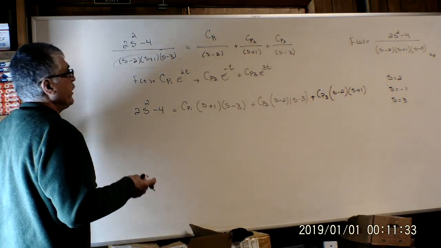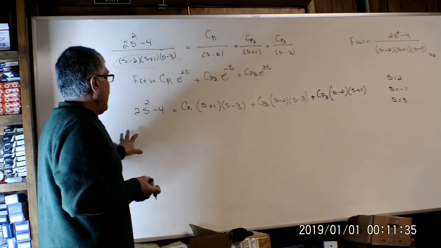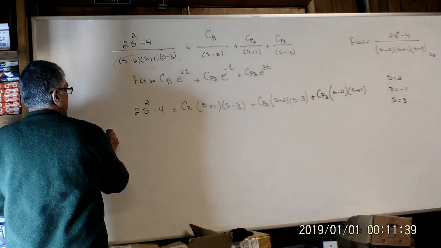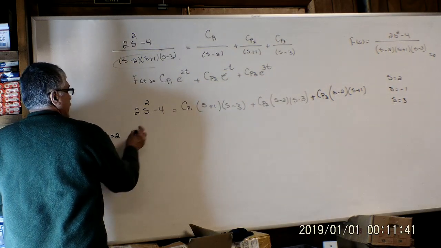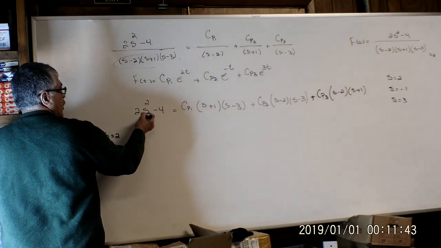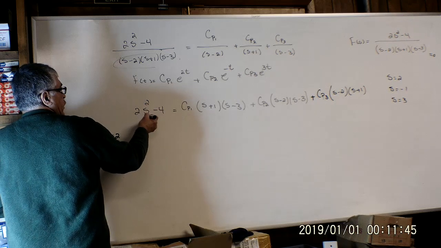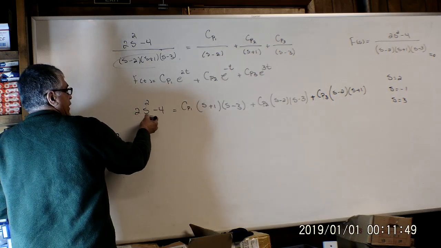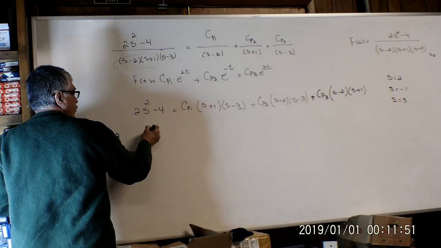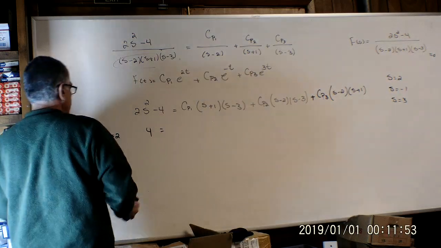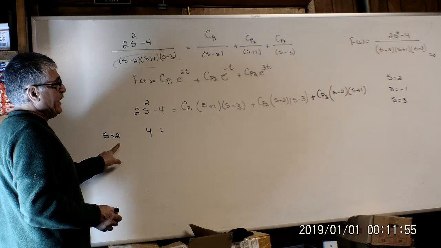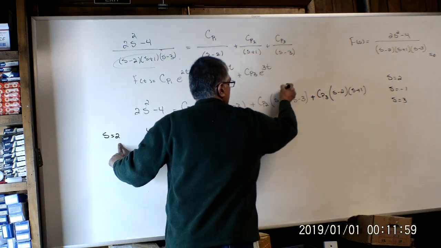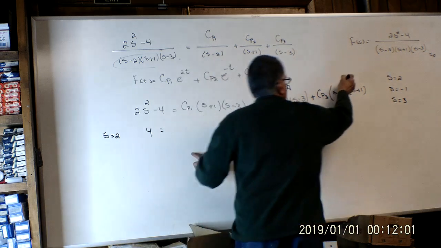Now let's apply our poles. If s equals 2, then we have 2 times 2 squared, which is 4, 2 times 4 is 8, minus 4 is 4, equal to, since s equals 2, that term will be 0 and this term will be 0.